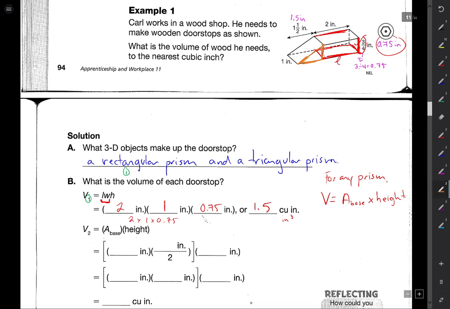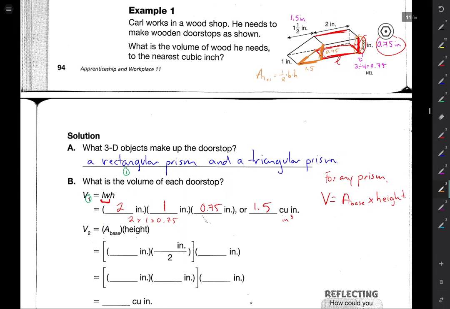The area of a triangle is equal to 1/2 times the base times the height. So the base of this triangle is 1.5, and the height of it would be on this side, which is 0.75, because it matches this side over there.